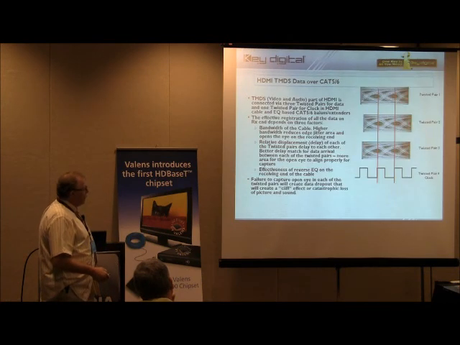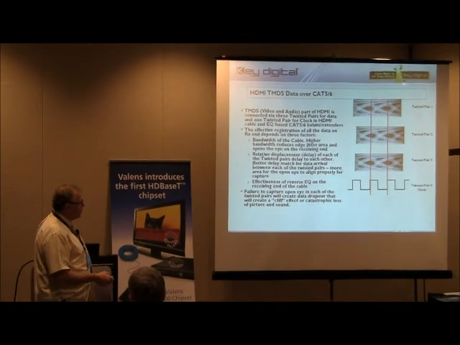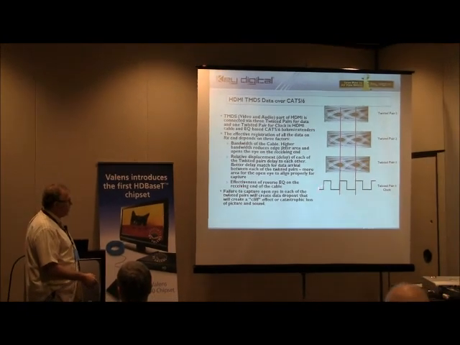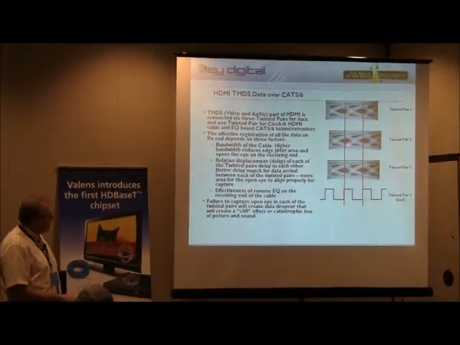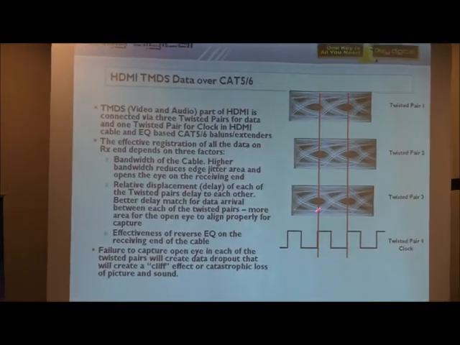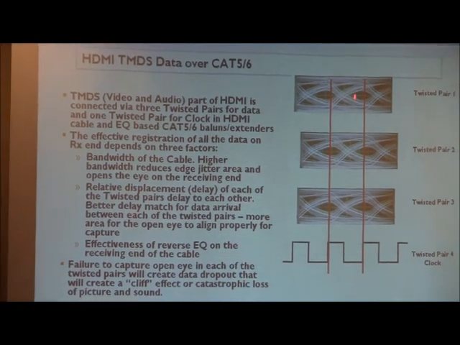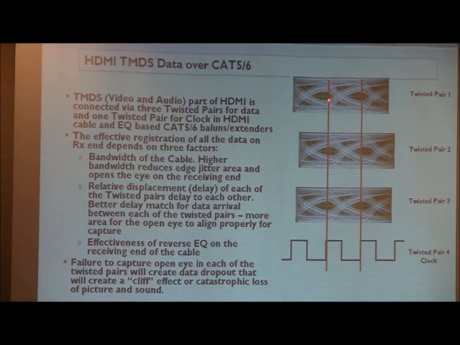Now, if you go farther into Cat5/6 connectivity, of course, there is more than one twisted pair. There are 3 twisted pairs there that carry data and 1 that carries clock. So if the alignment of these twisted pairs is not perfect and they are jittery to begin with, then the data opening opportunity to actually read the data is different between different pairs.